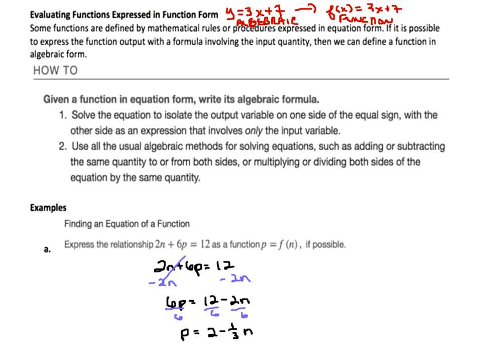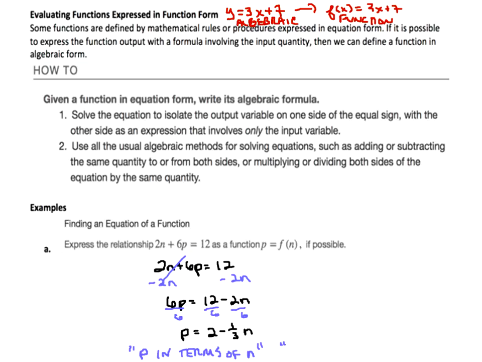Okay, so since I was able to write p equals blah, blah, blah, n, I have put p in terms of n. Let me write that down because that's important language right there. At this point, I have put p in terms of n.